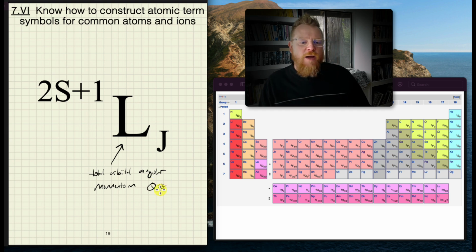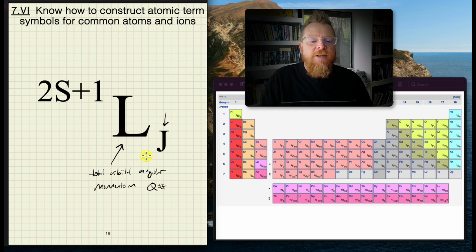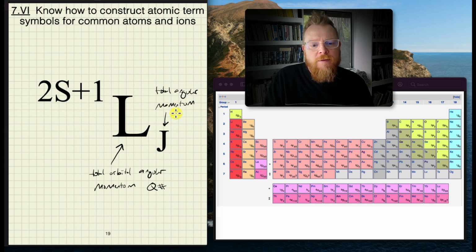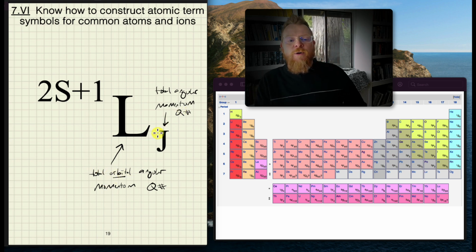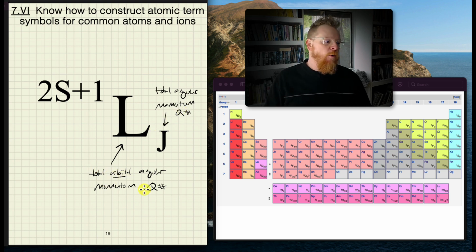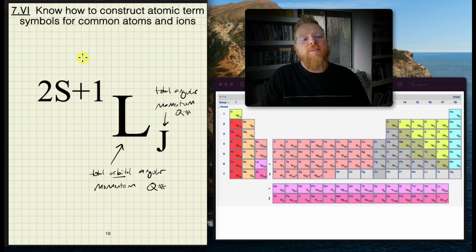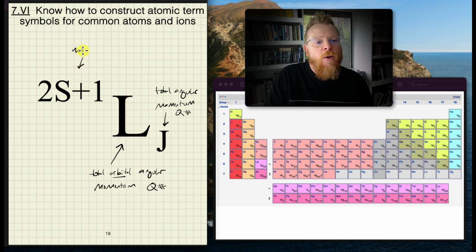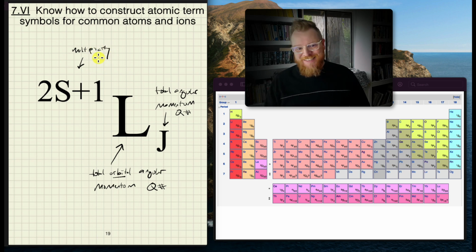J gives us our total angular momentum quantum number. So the L was orbital; this is just our total angular momentum quantum number. And this whole term 2S plus 1 is our multiplicity. So that is our spin state.